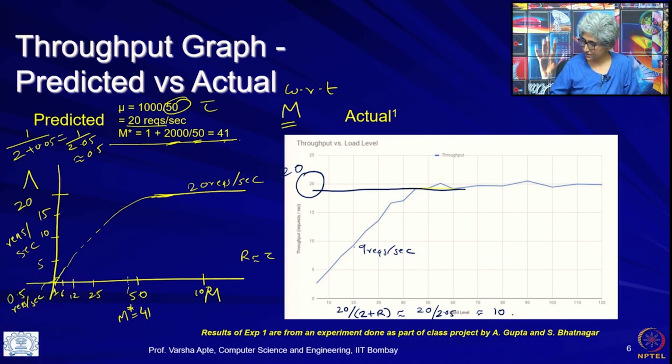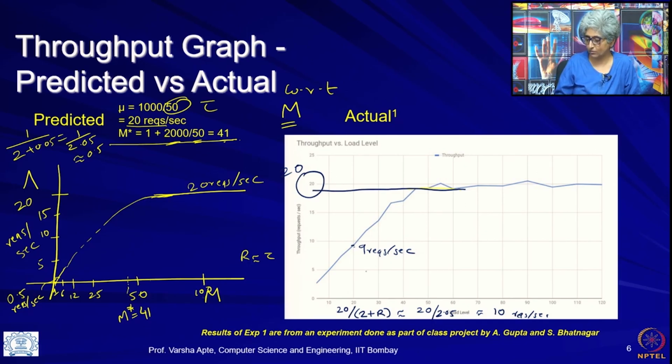That would be our expectation, which is what this calculation is showing. It is very interesting to see that it is close to 10. So, even if we did a calculation assuming that r is close to tau, here 0.05 seconds, we get a close enough prediction to the actual value.